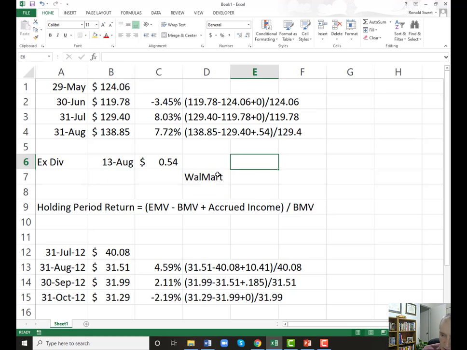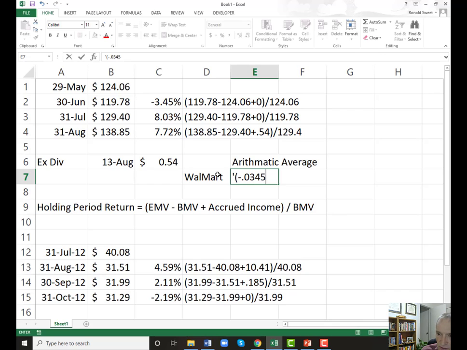So let's do the arithmetic average. The way we can do that is we can just take the returns, and make sure you convert everything into decimals, not percents. It's a lot easier that way.